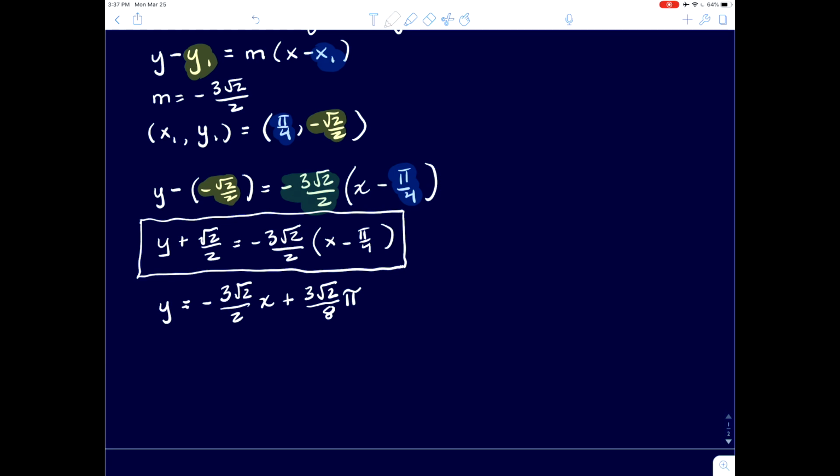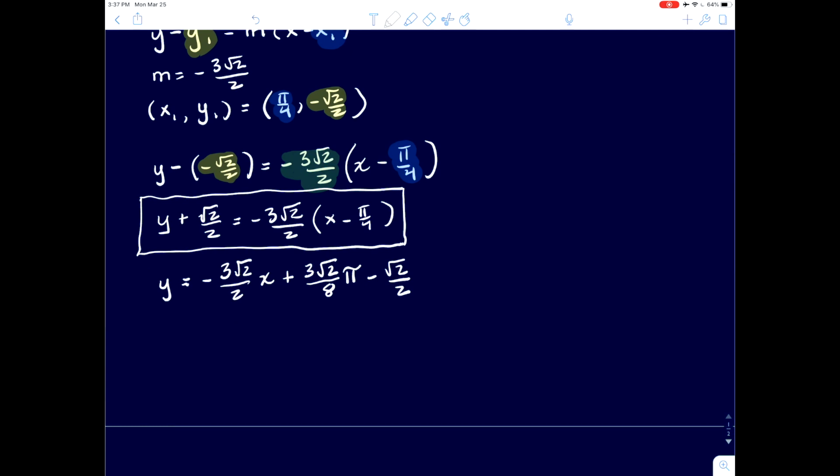And then we now have minus root 2 over 2. And then a person would go on to get potentially a common denominator, but you honestly don't have to do all that.